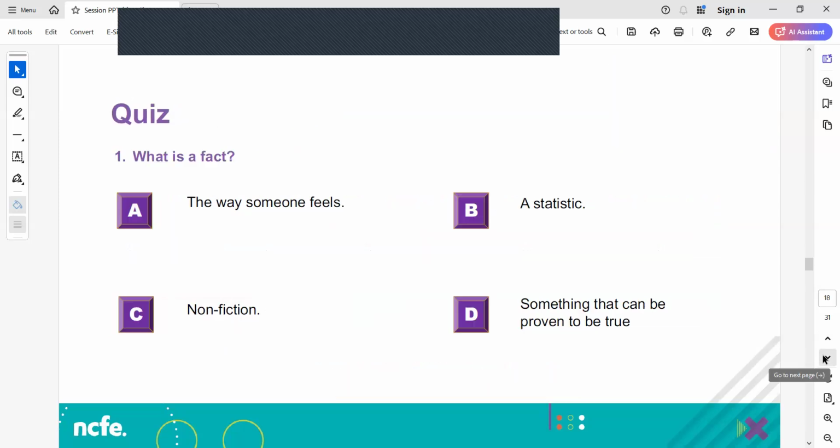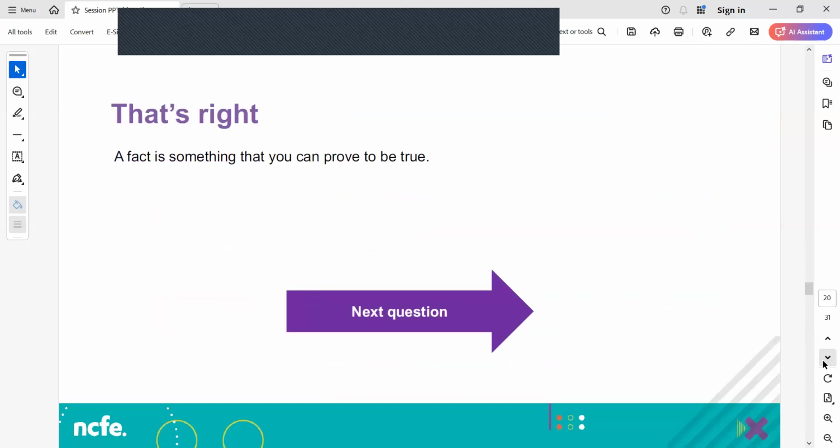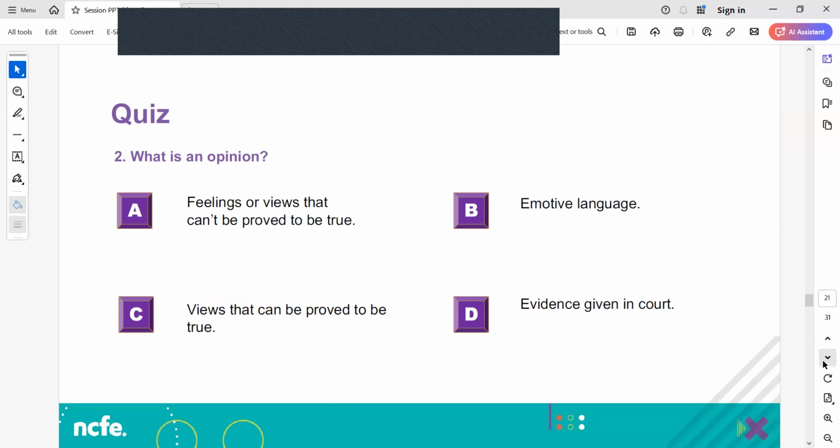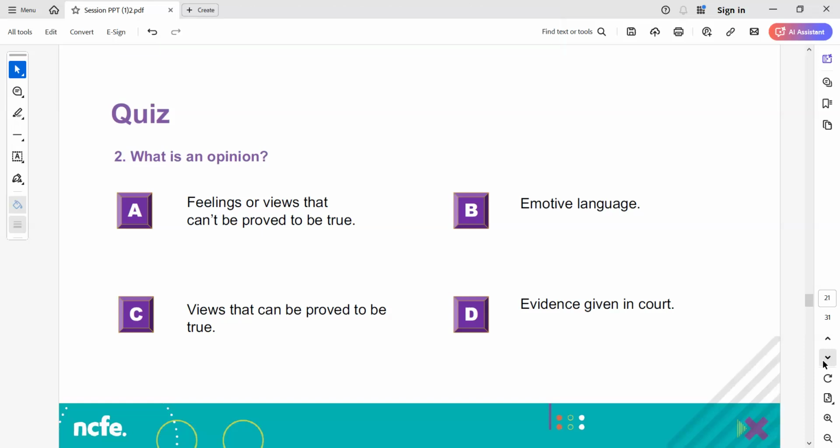Okay, so let's check your understanding. So what is a fact? The way someone feels, a statistic, non-fiction, or something that can be proven to be true. D. Good, well done. What is an opinion? Feelings or views that can't be proved to be true, emotive language, views that can be proved to be true, or evidence given in court. A. Good, well done.